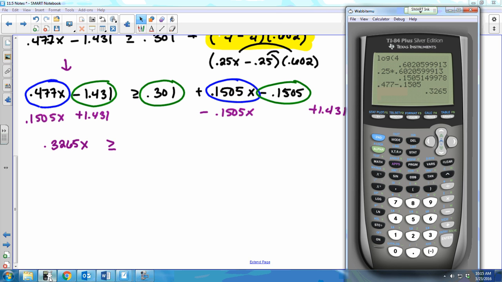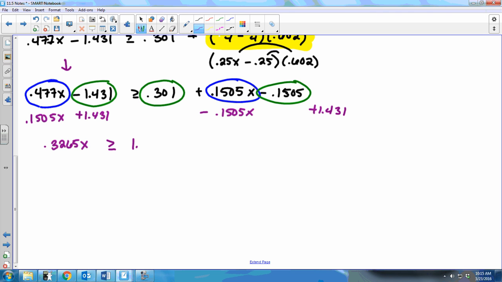Over here, I've got 0.301 minus 0.1505 plus 1.431, which is 1.5815. And then we're just dividing, right?